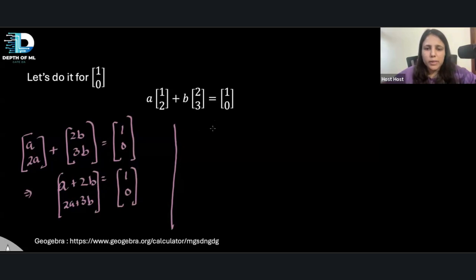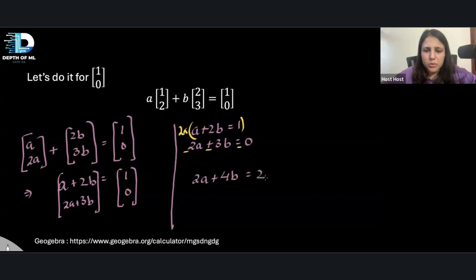We know this from our 12th class maths: these are two equations that we'll solve, right? Let me multiply the first equation by 2 and subtract. Then I will get 2a plus 4b equals 2 and 2a plus 3b equals 0. There's a minus here. This will cancel, and b is equal to 2.